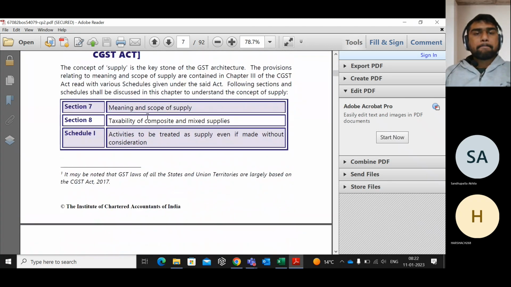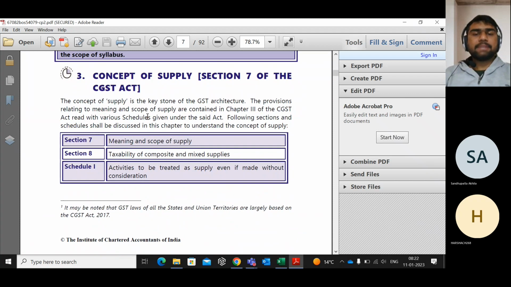See, this is the concept of supply. Section 7 of the CGST Act 2017. The GST Act came in the year 2017, but it is from the 101st Amendment Act 2016. From the 101st Amendment Act 2016, the CGST and SGST Acts came.